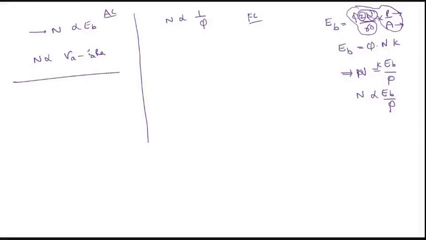Now let us take an example: VA equals 200, IA equals 10 amps and RA equals 0.1 ohm. Substituting all the values, N is proportional to 200 minus 10 times 0.1, which gives 190. This is the back EMF, so N is proportional to 190 volts.